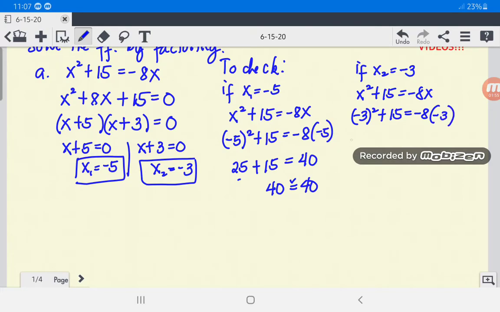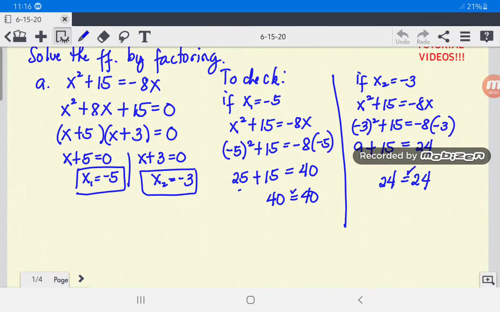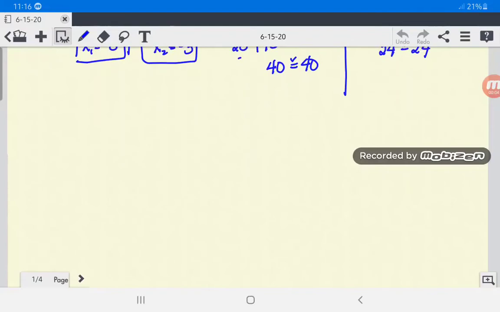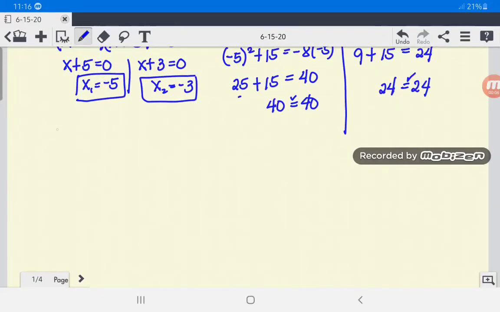Then negative 3 squared is positive 9, because negative 3 times negative 3 is positive 9, plus 15 equals negative 8 times negative 3, that is positive 24. Then we have 9 plus 15, that is 24. 24 equals 24.